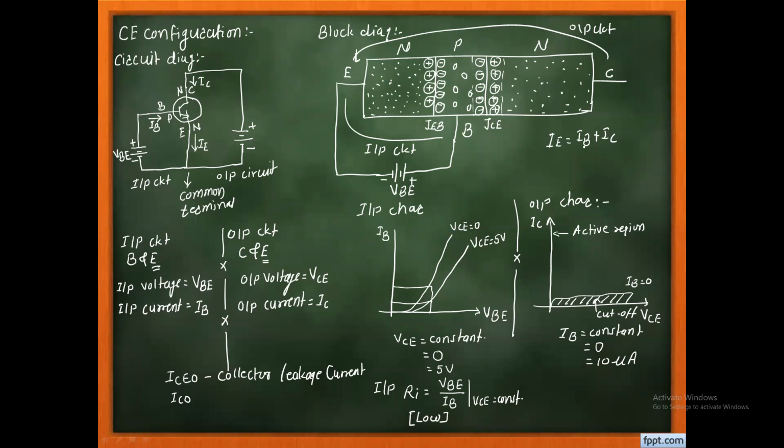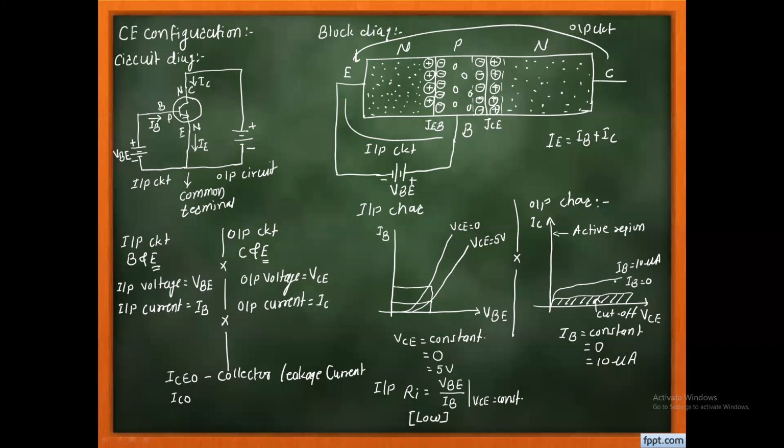But now that IB is present, the collector current will be reduced by the value of IB, and we will have such a graph here. So this is for IB equal to 10 microampere. And now this is not a flat line, it is a little bit inclined line.